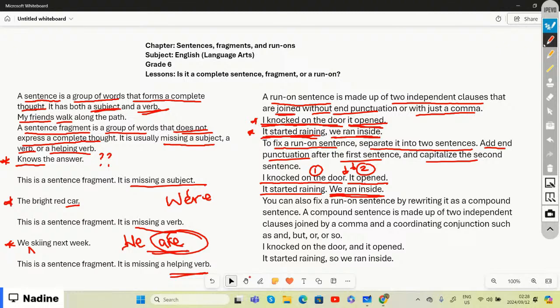We can also fix a run-on sentence by rewriting that sentence, which is the two clauses that are joined without any punctuation. We can rewrite it as a compound sentence.